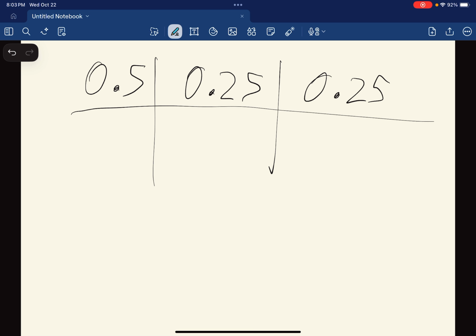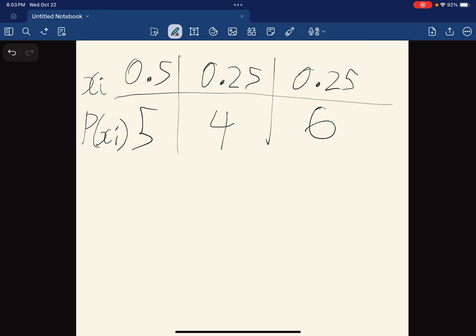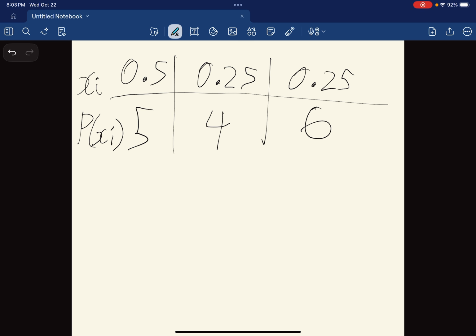And say these are your x, y's, and say this is 5, this is 4, and this is also 6, okay? So it's the table they give you, or they could also say you have a half chance of getting a 5, a 0.25 chance of getting a 4, a quarter chance of getting a 6, something like that, right?